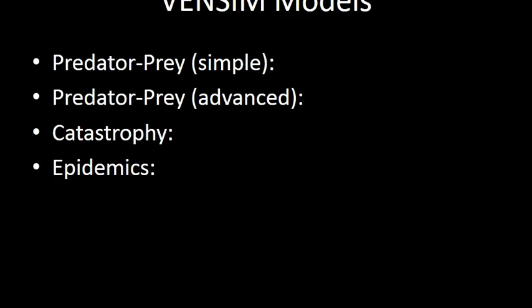So I'll be looking at the predator-prey simple, the advanced, the catastrophe, which I haven't really talked about because the math is, as you will see, a little bit of a combination of the other two, and the epidemics, which we just explained. So that's going to take us through the next part of the lecture, and so we'll lead with that.